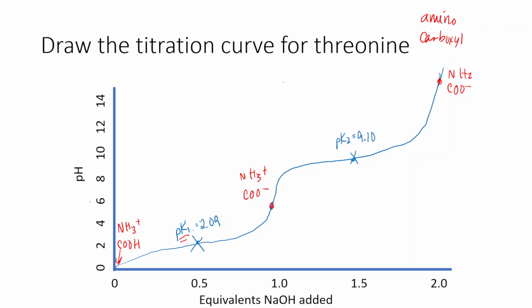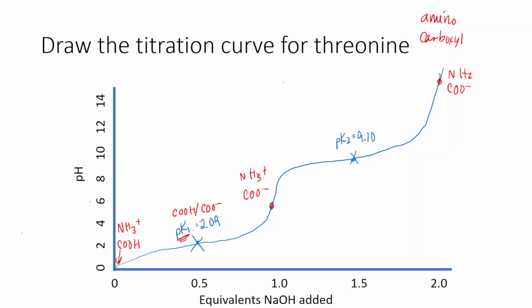So now, once you know these, you can start filling in what your half equivalence points look like, your actual pKs. So for our first pK, that's the pK for our carboxyl group, we're in between our protonated and deprotonated forms. We have exactly half and half of each at the pK. That's what defines the pK. So you'd have half COOH, half COO-.